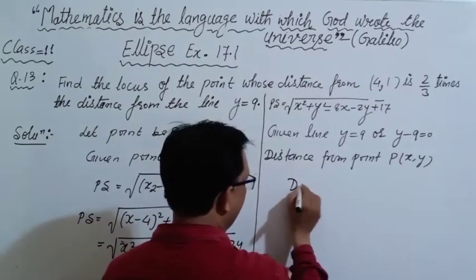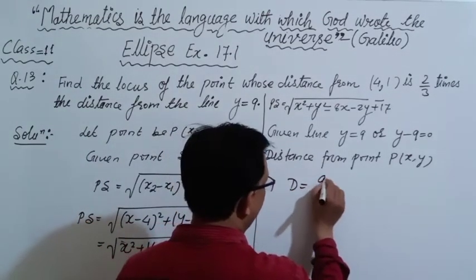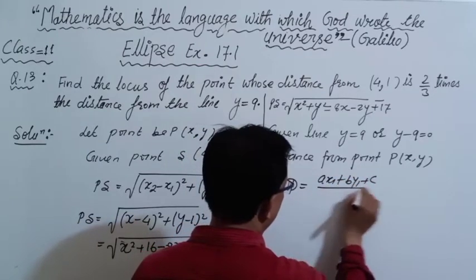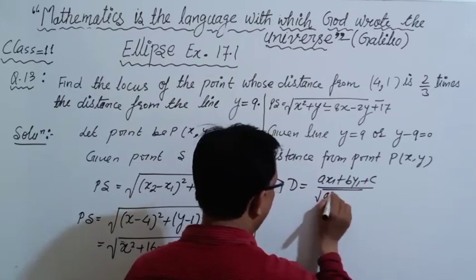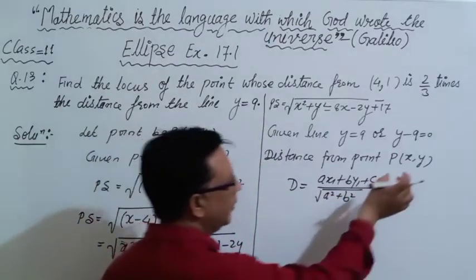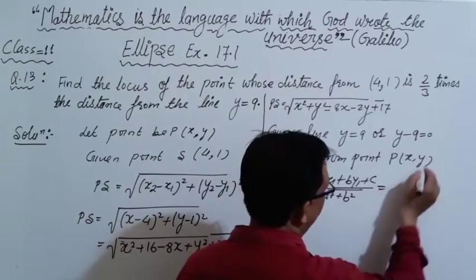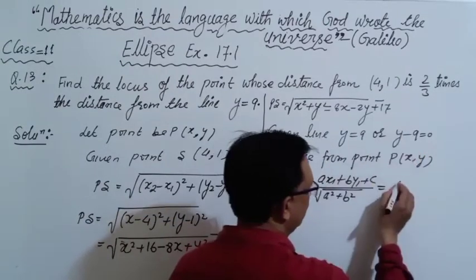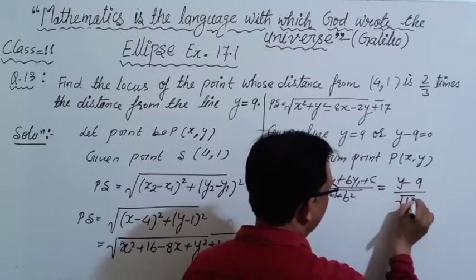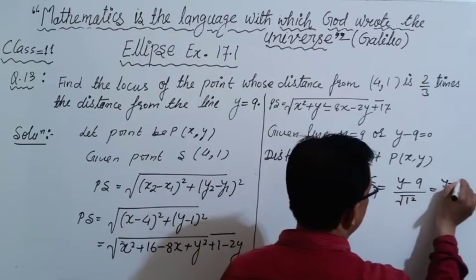So D is equal to, we apply the formula |ax1 plus by1 plus c| upon square root of a square plus b square. Here y is given, x is not present, so D is |y minus 9| upon square root of 1 square. This is y minus 9.